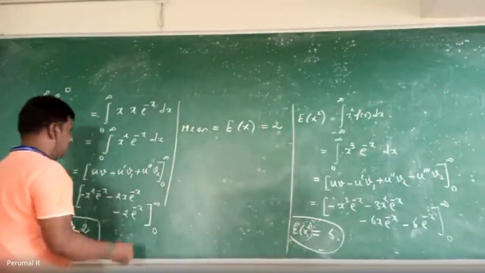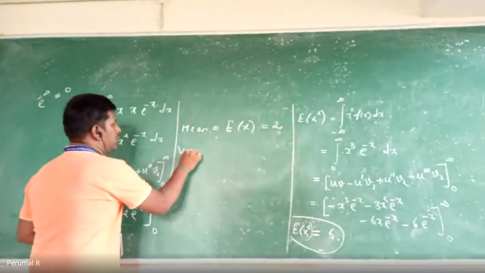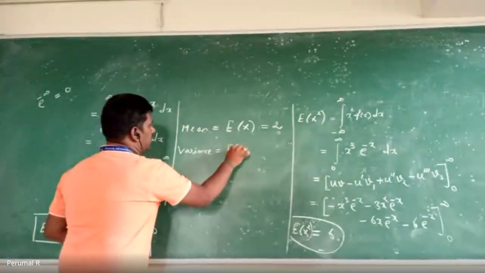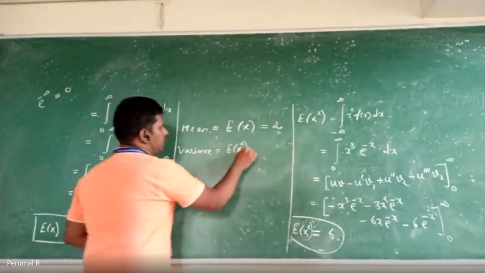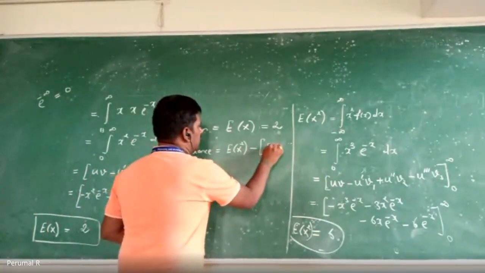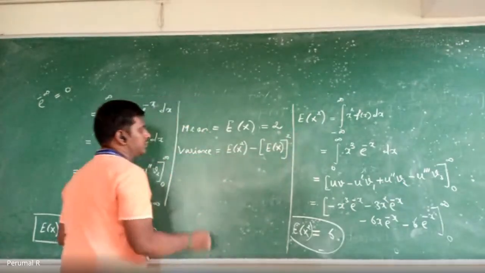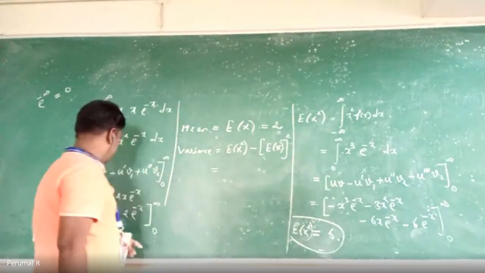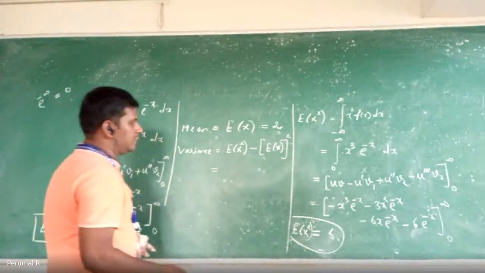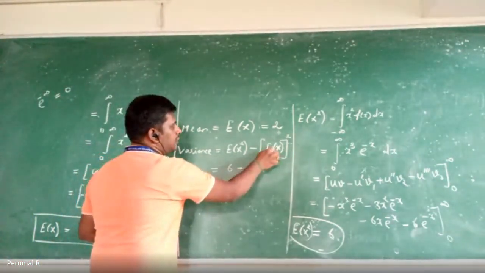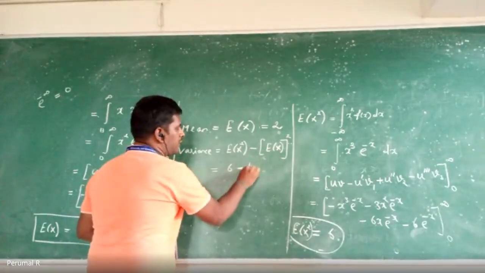2. Okay, and the variance formula is expectation of x square minus expectation of x whole square. So expectation of x squared is 6, minus expectation of x which is 2 squared, therefore 4.